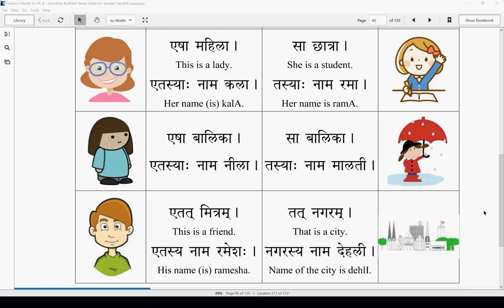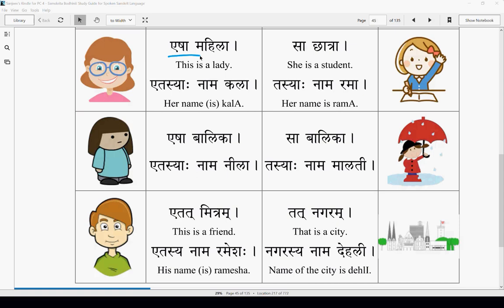Anyway, so who wants to read? I can. Esha Mahima. Etasya nama Kala. Sa. Kala is good?